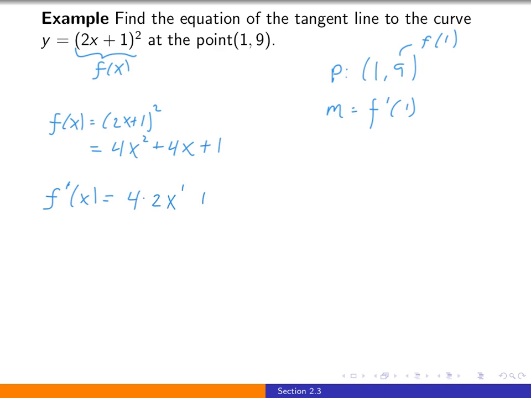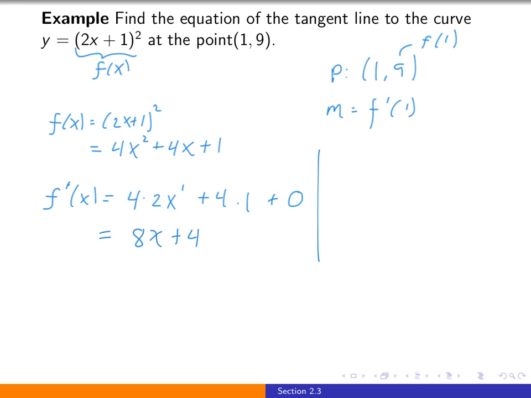In the second term, we have plus 4 times the derivative of x, and the derivative of x we saw is just 1, plus the derivative of 1, which is 0. And note, you could have simply written this as 8x plus 4, but I wanted to make sure we see exactly what is happening to each term under differentiation. So this is 8x plus 4.